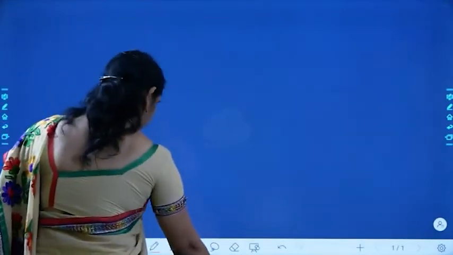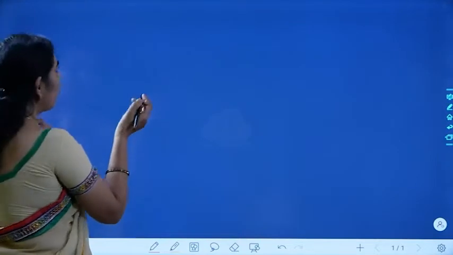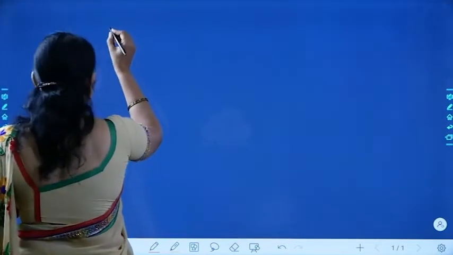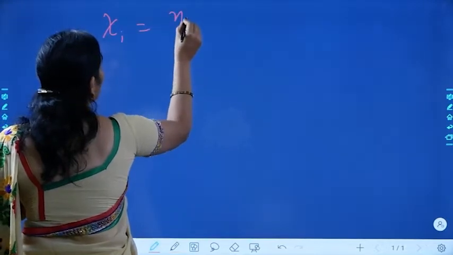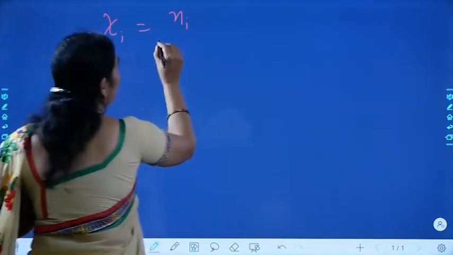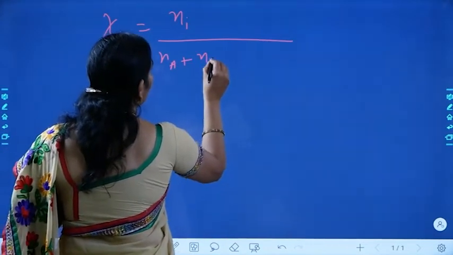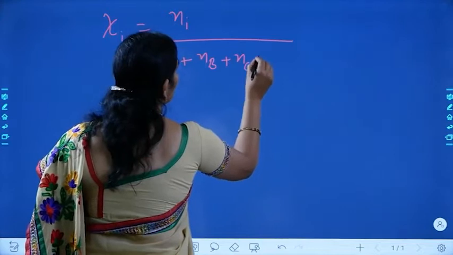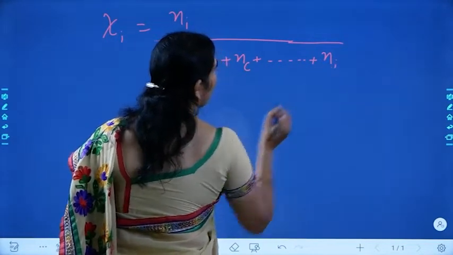Suppose the solution contains i number of components. Then how do you define this mole fraction concept? Chi i is equal to Ni, the number of moles of the ith component, divided by the number of moles of A plus the number of moles of B plus the number of moles of C, and so on, plus Ni, the number of moles of i.